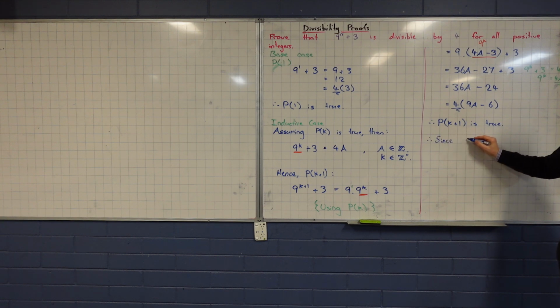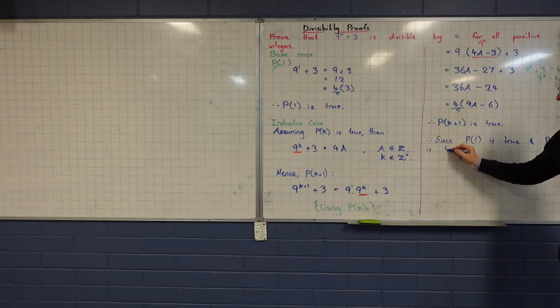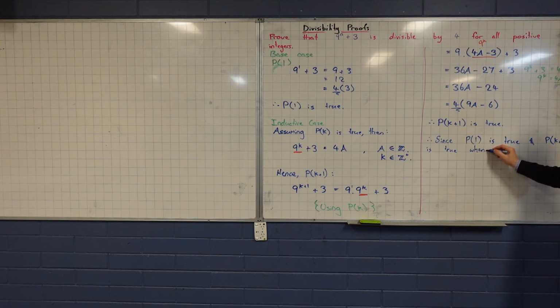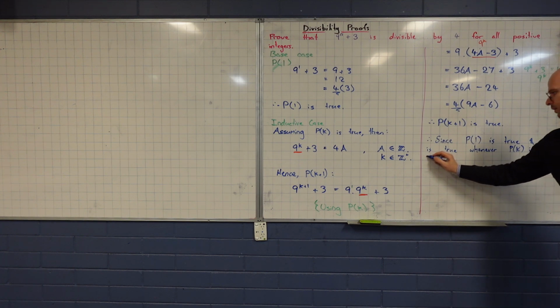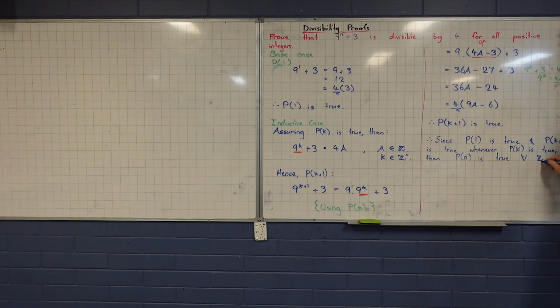And then to finish it off, since P of 1 is true, and P of k plus 1 is true whenever P of k is true, then we can assume that, or we've proven that P of n is true for all n.